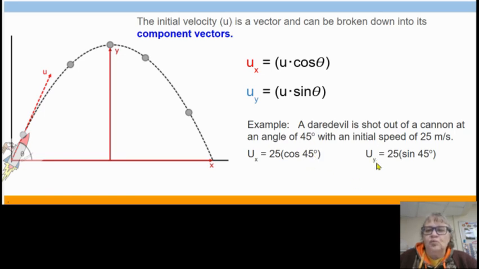And then the initial velocity in the y direction is equal to 25, which is the speed of the trajectory, times the sine of 45 degrees. You can work those out on your calculator if you'd like, but this is the guts of it.